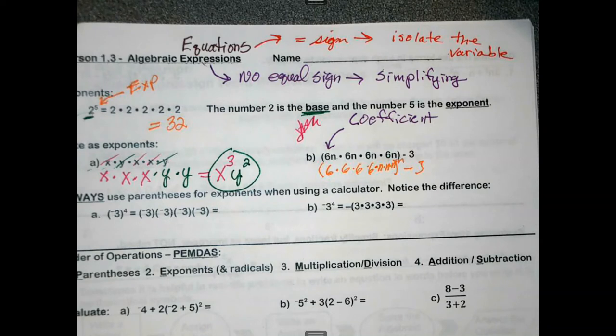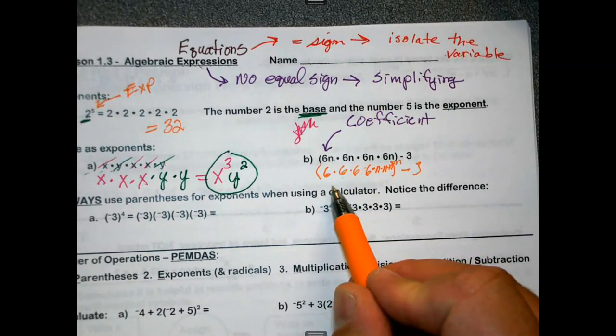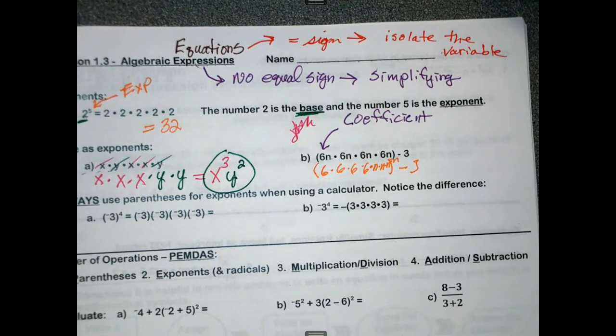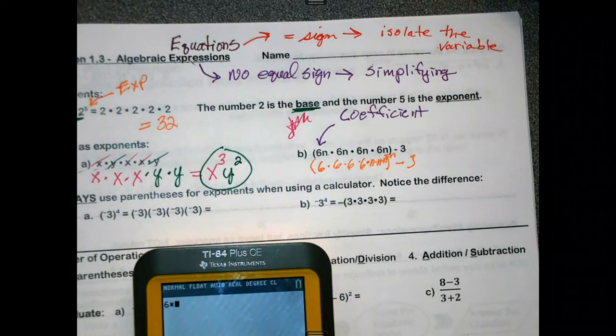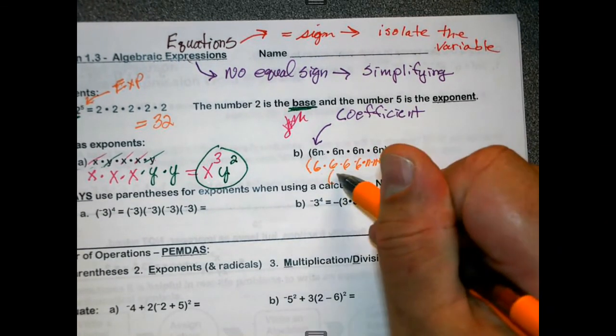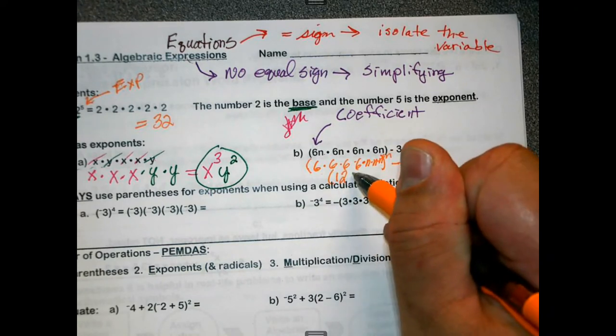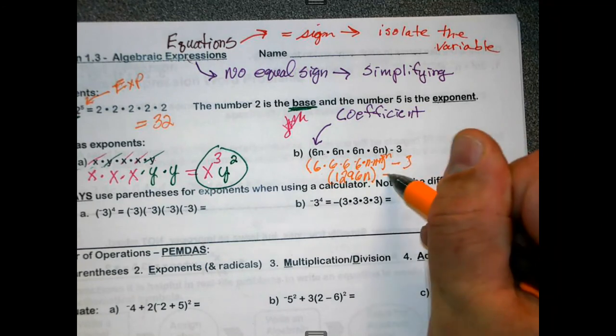You're going to have sections that are no calculator. This is way too early in the morning for even me, so I'm going to use a calculator. 6 times 6 times 6 times 6, 1296. So I'm still going to use my parentheses. 1296 n, and then I'm going to bring down my minus 3.